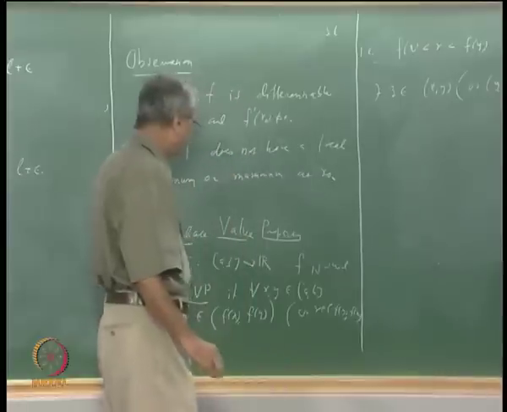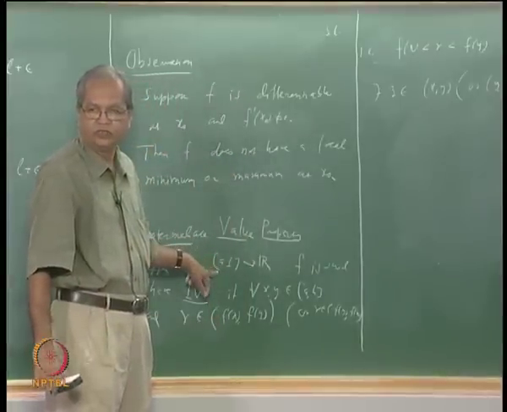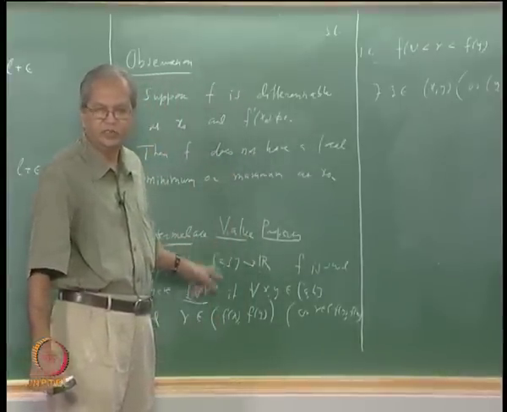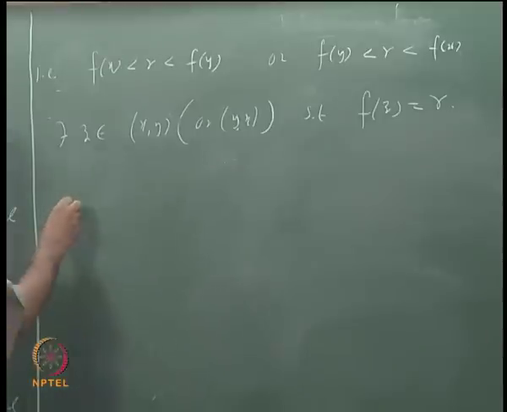Alright, so now what do we want to say? That if a function is differentiable, then it has intermediate value property, okay, alright. So that is the theorem. Of course, since we are talking about differentiability, we can just take open interval, okay.